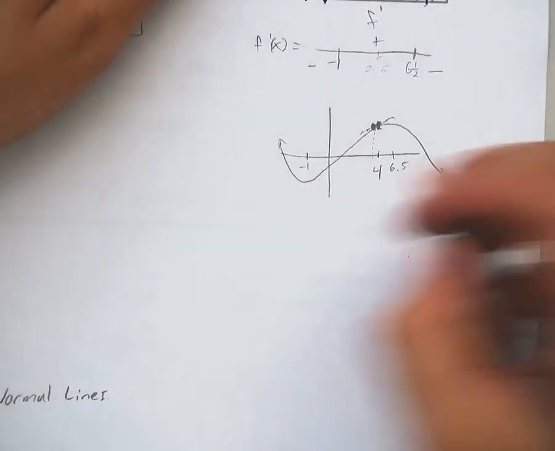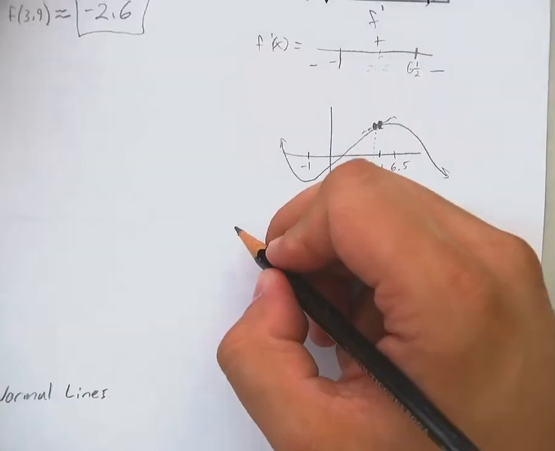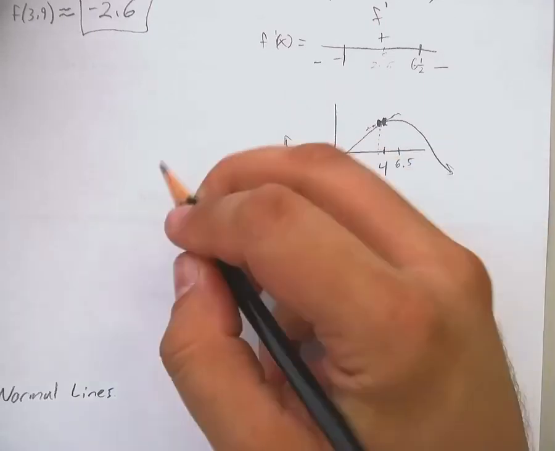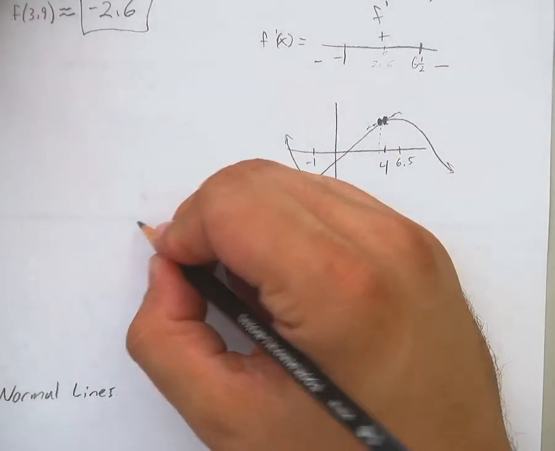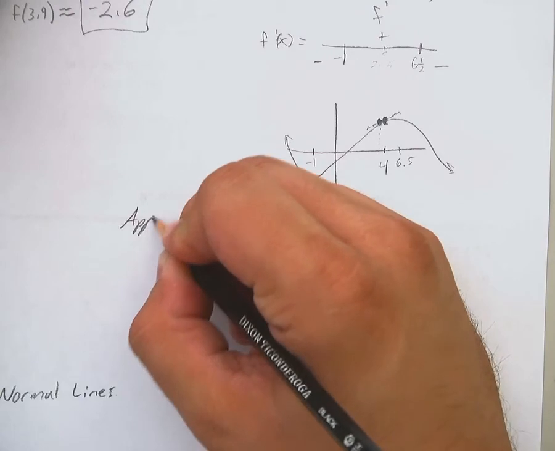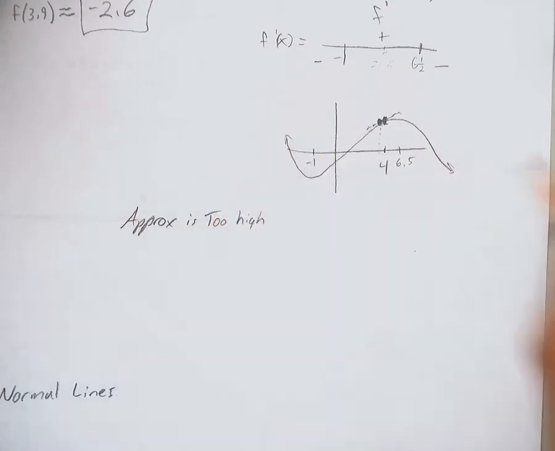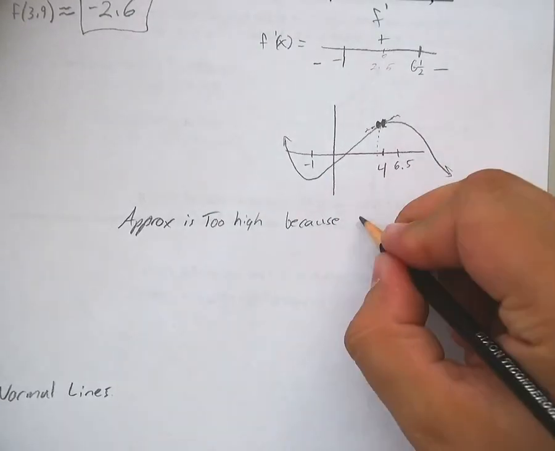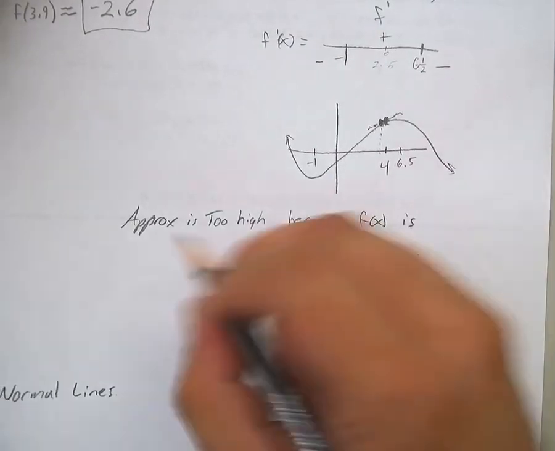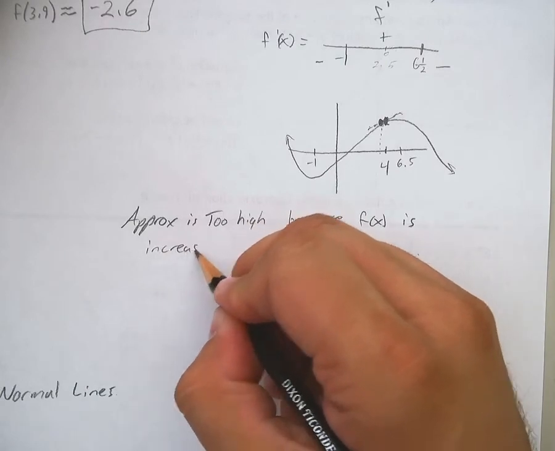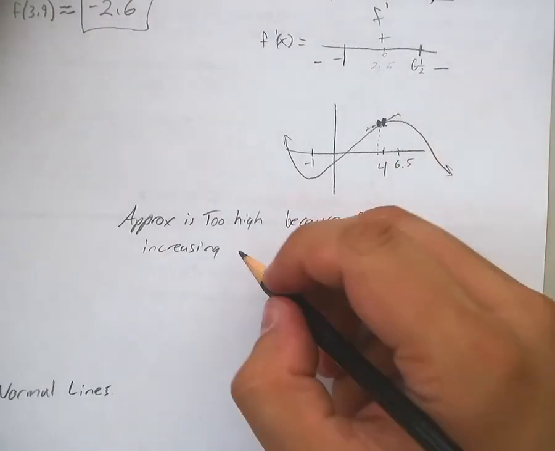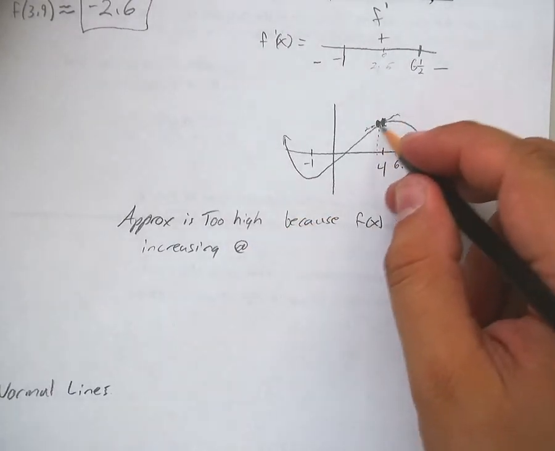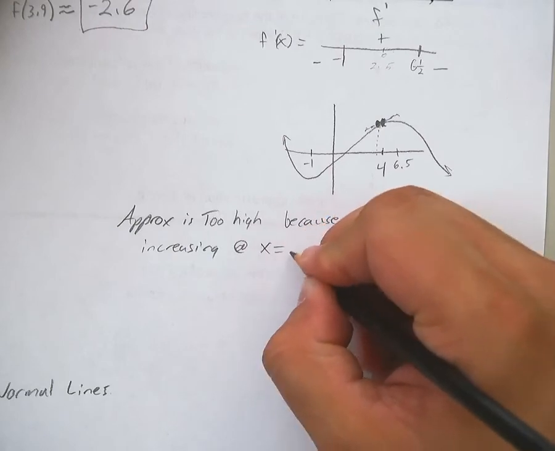So I want you to write this. Your approximation is too high, right? So let me write it this way. Approximation is too high because f of x is increasing at 4.